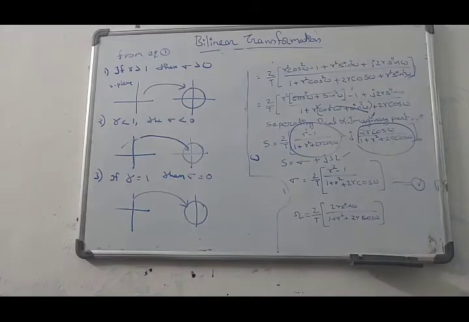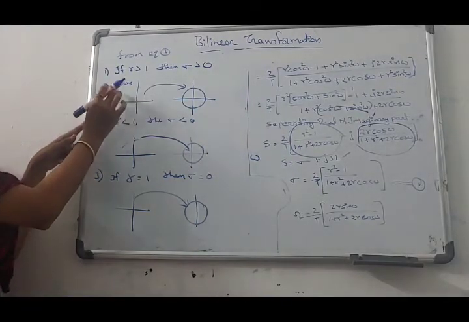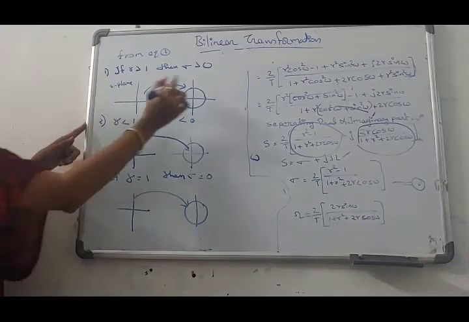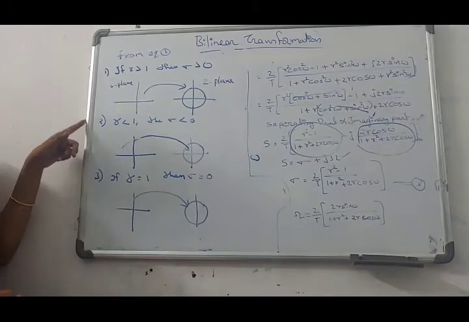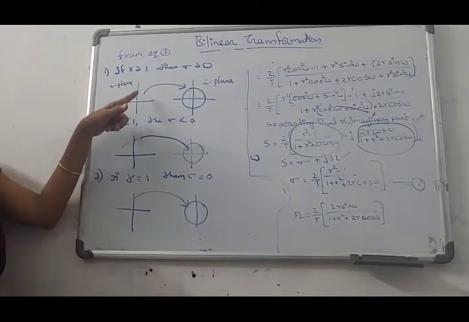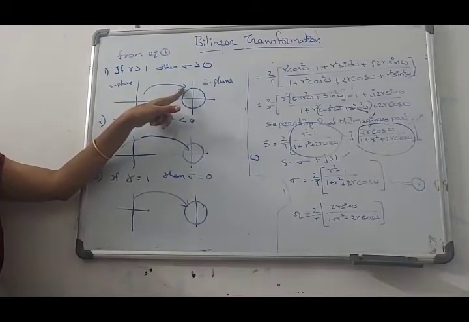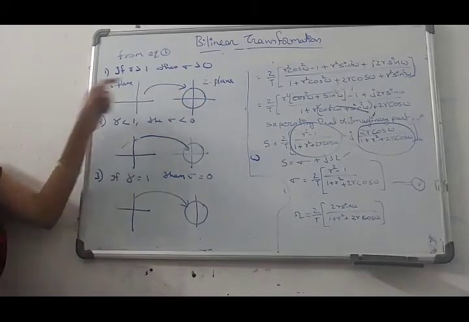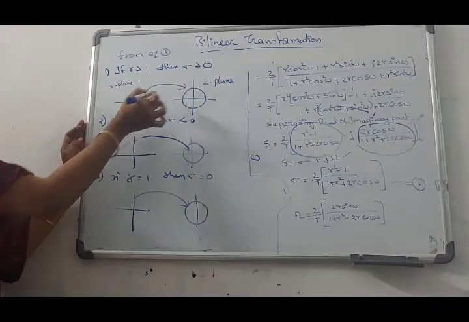Then in the S plane and the Z plane, the right half of the S plane is mapped into the Z plane outside the circle. So the mapping takes place outside the circle.